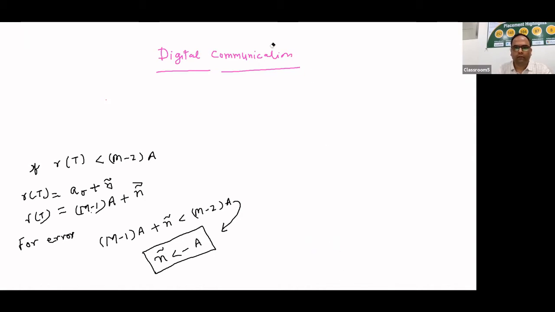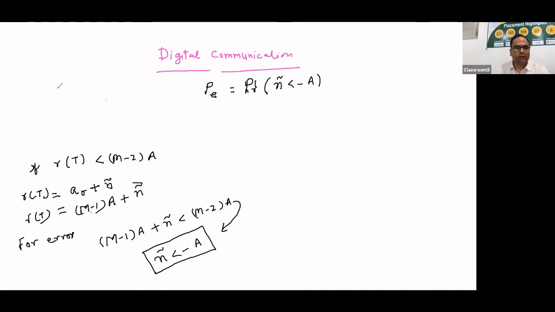So to do that, we'll find the probability of error, which can be simply written as the probability that n tilde is less than minus a. This we have to calculate to get the probability of error for external points, right?